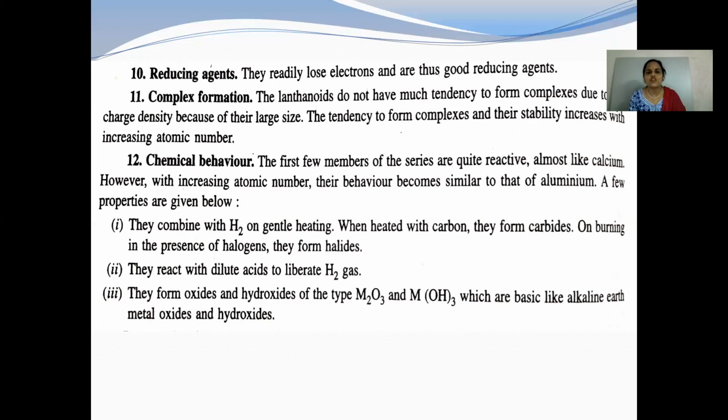On burning in the presence of halogen, they form halides. They react with dilute acids to liberate hydrogen gas. They form oxides and hydroxides of the type M2O3 and M(OH)3, which are basic like alkaline earth metal oxides and hydroxides.